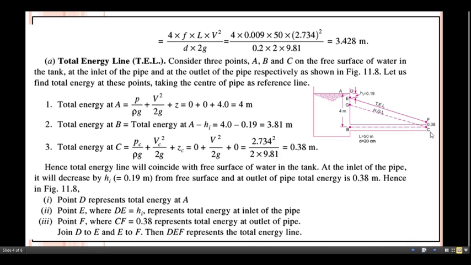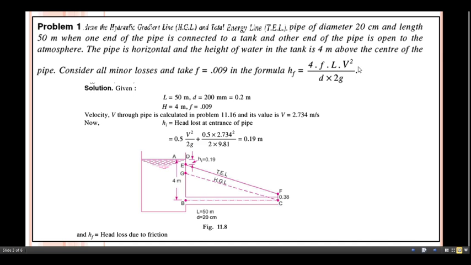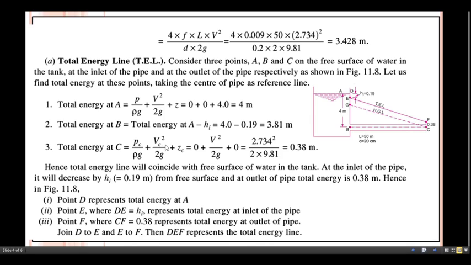If you focus on this point, in this case we get this one and this one as 0. So VC square divided by twice g, the value for the V is 2.734. Just substitute here and substitute the value for the g here. Do the calculations and get the value for the total energy at point C, that is 0.38 meter.